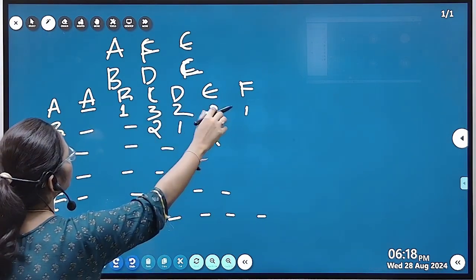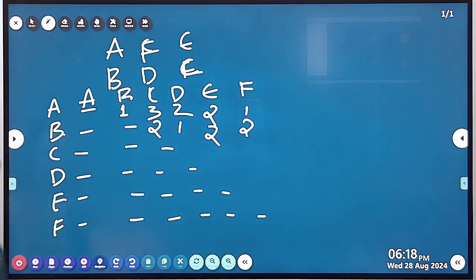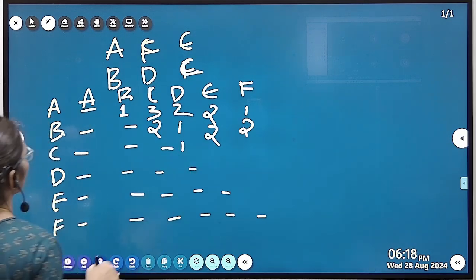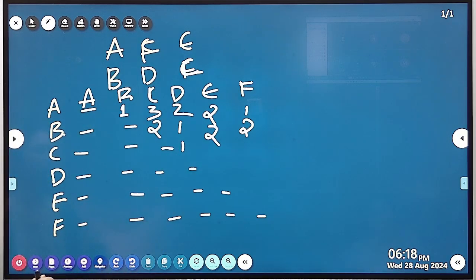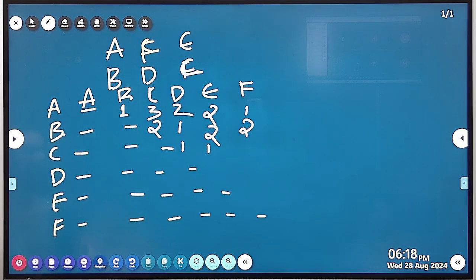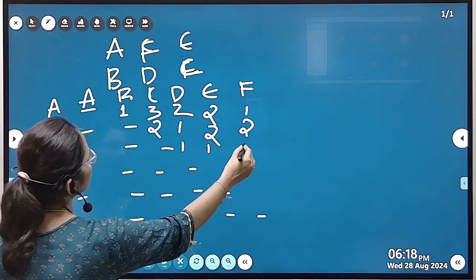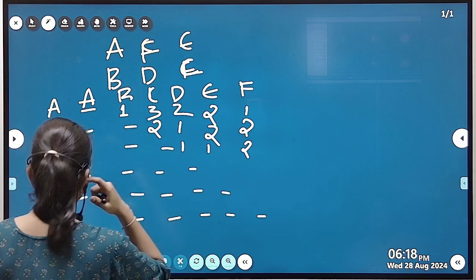B to F 2. Next C to D 1. Next C to E 1. Next C to F 2.